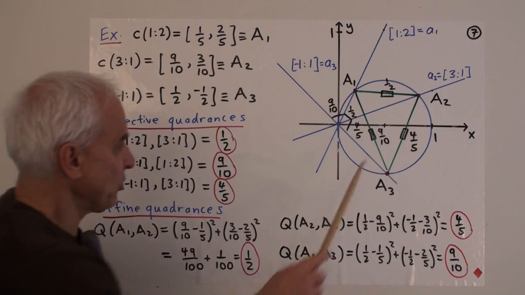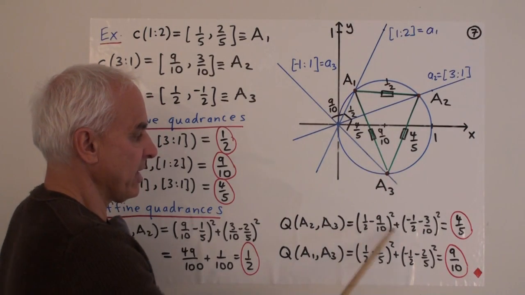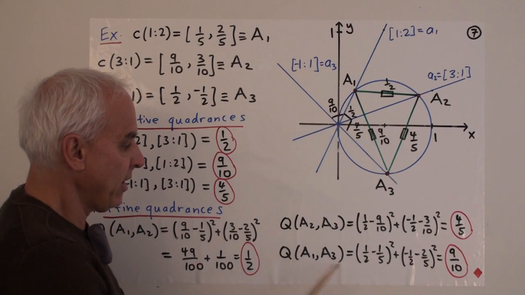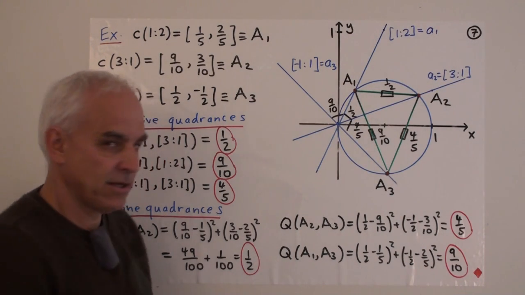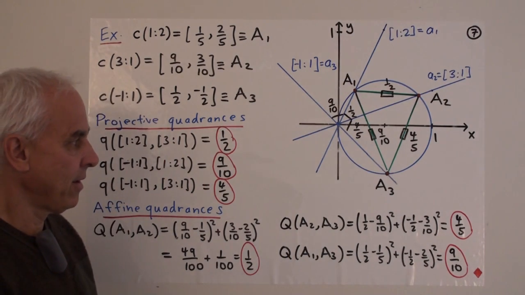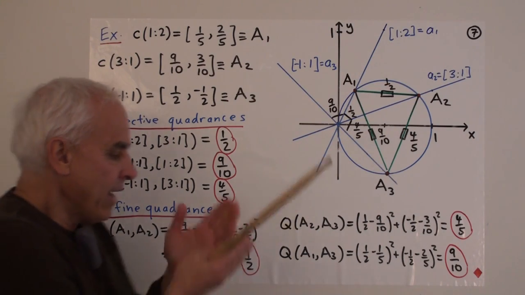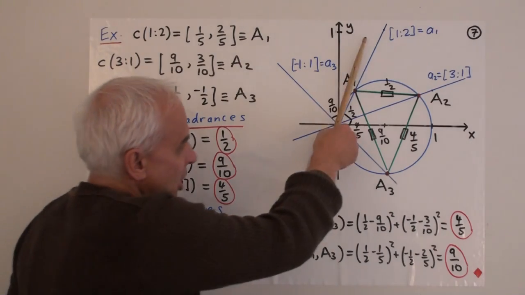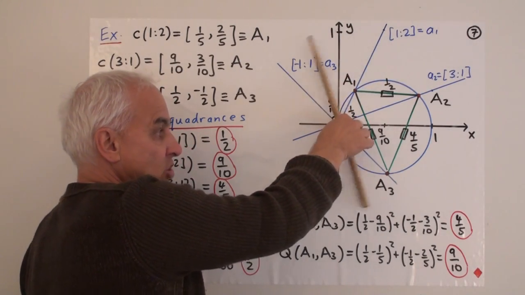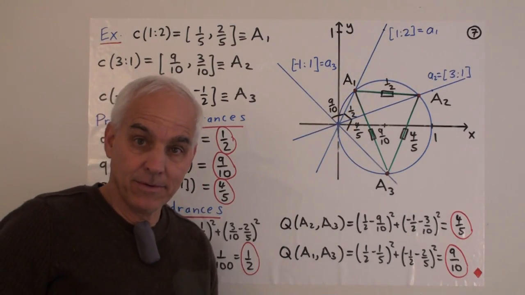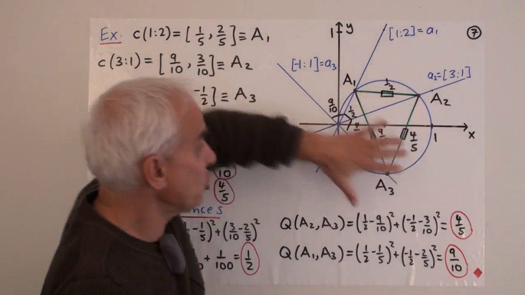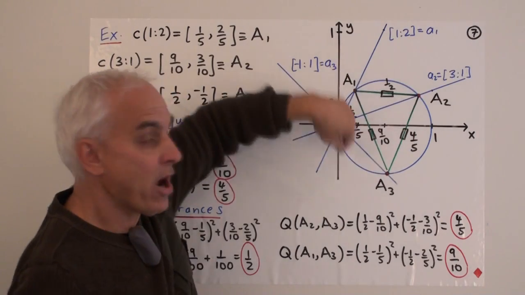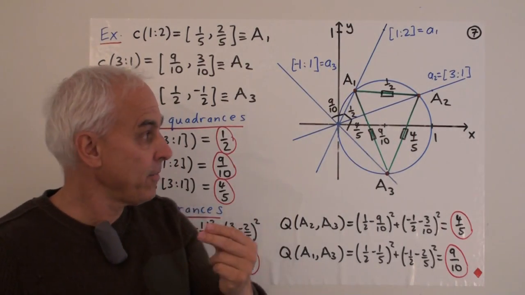And similarly, the quadrance between A2 and A3, you can check that sum of squares is 4/5. And the quadrance between A1 and A3, that sum of squares is 9/10. So absolutely direct connection between the geometry of our one-dimensional projective setting and this affine geometry in the plane, where we're looking at points on our core circle.